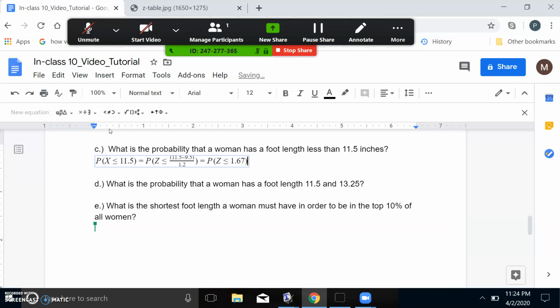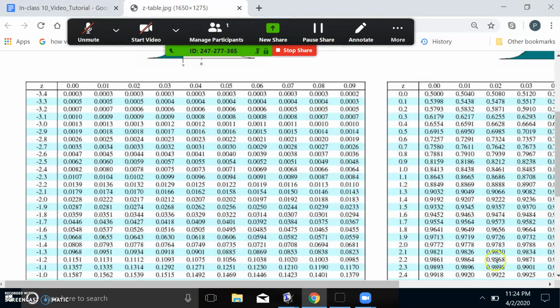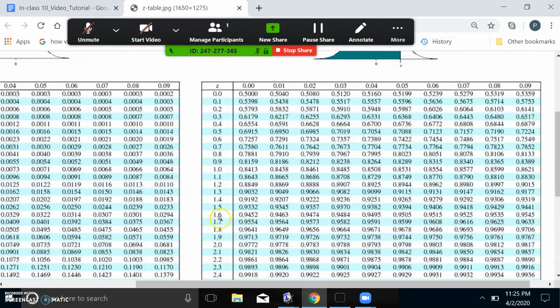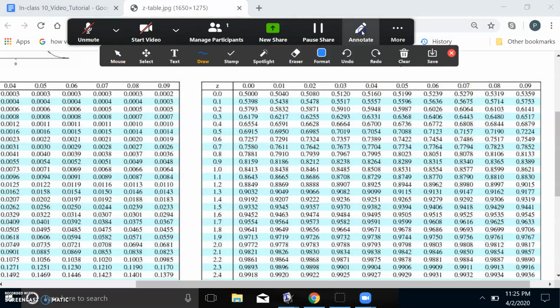Now we can go to our table to find this. Let's go back to our z table. We're looking for 1.67, and this is positive this time. So 1.6 is here, and 0.07 is over here. I go all the way until I get to the 0.07 column and come down.